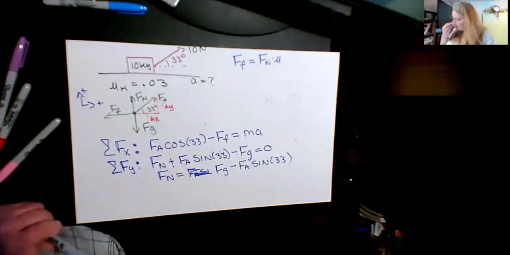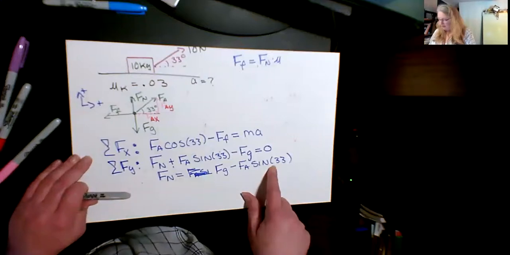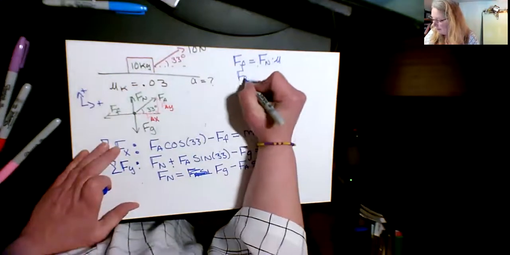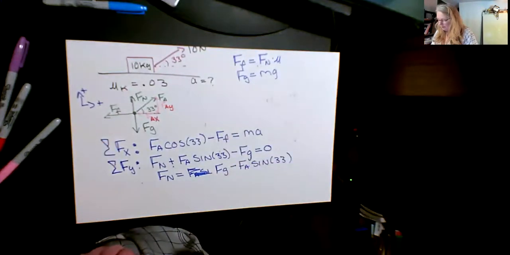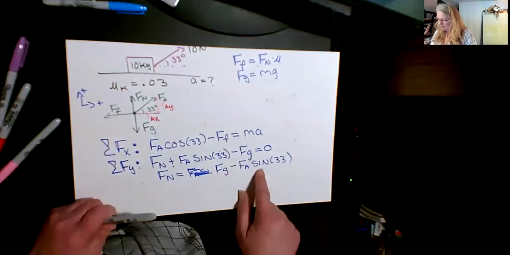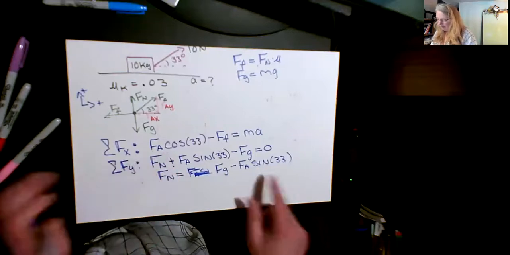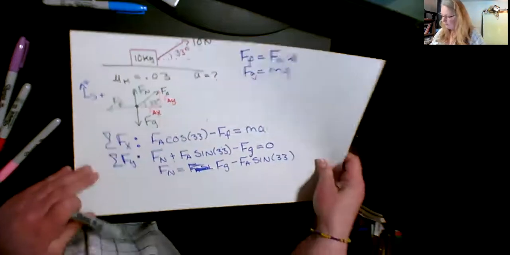So now coming back to here, now we know what the force applied is. Sine 33, that's just the number. Force of gravity is, let's rewrite that, mass times gravity. So this is a known value. That's a known value. I come up here, that's a known value. I feel like I'm getting somewhere where I can solve for something. So I've been given the coefficient of friction.